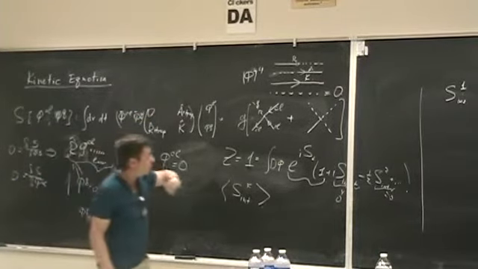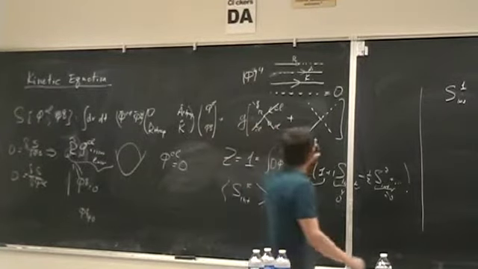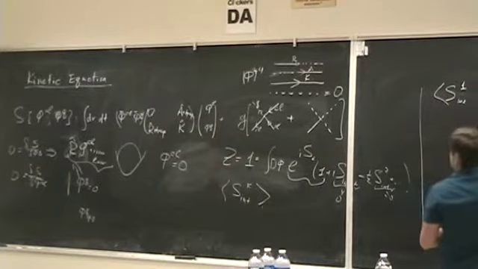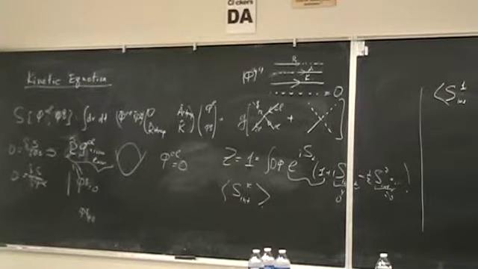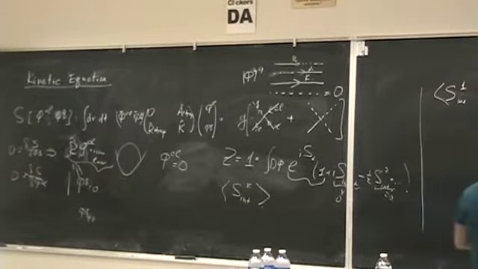Okay, so I take this. I have two of those. So the first one will give me something like this, and the second one would give me this. Now this one is 0 because there is nothing like this.